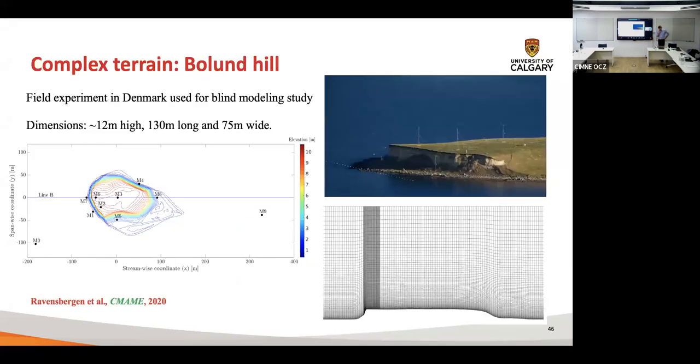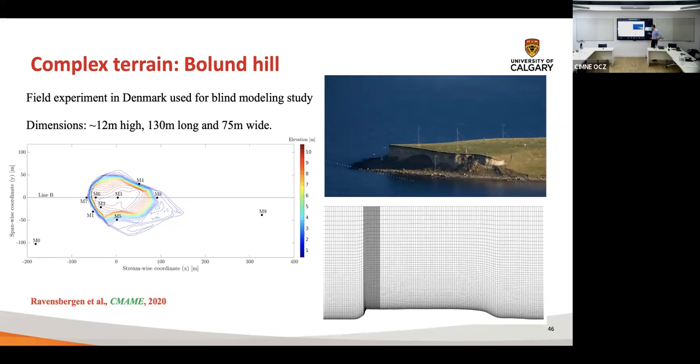Okay, now a more interesting test case, because we're also interested in dealing with flow over complex terrain, like hills or islands, you name it. There are a few well-documented test cases. One is called the Askervein hill. This was a field test campaign designed to validate numerical tools.